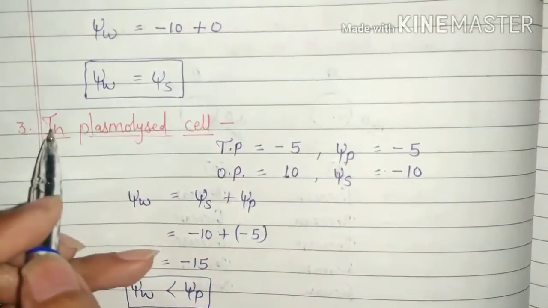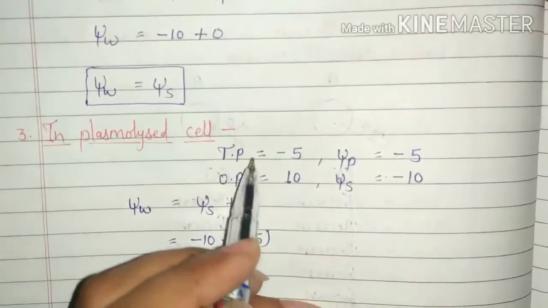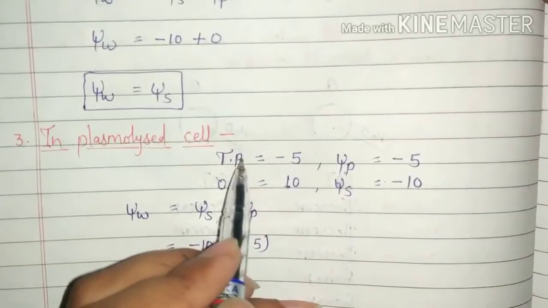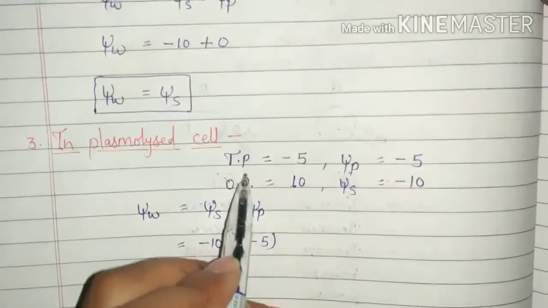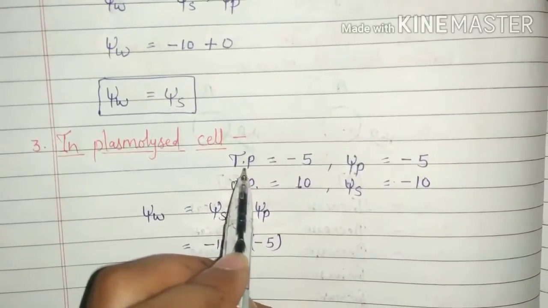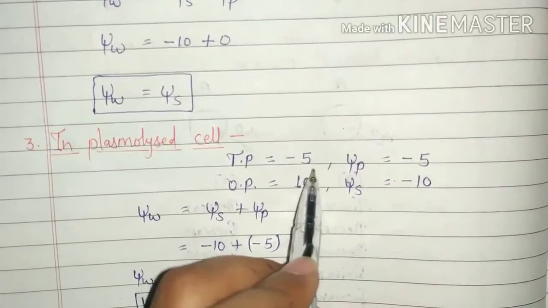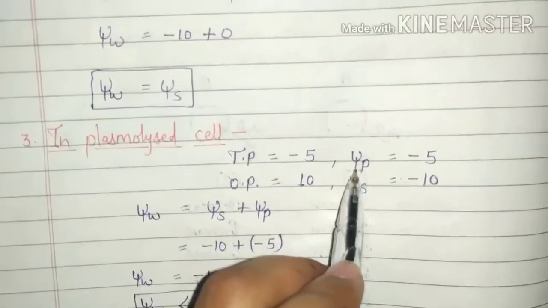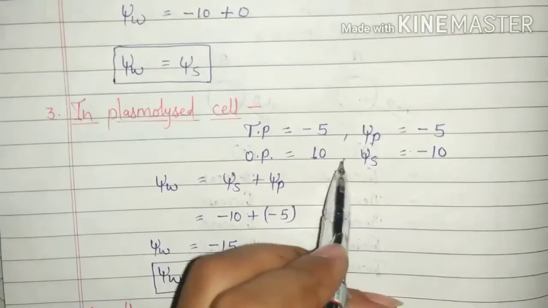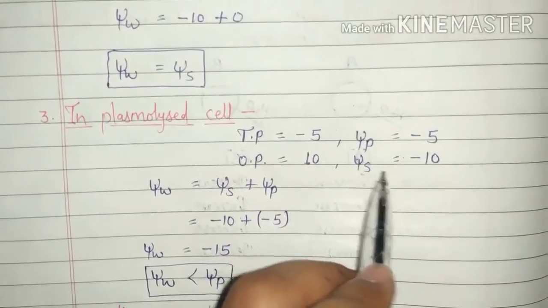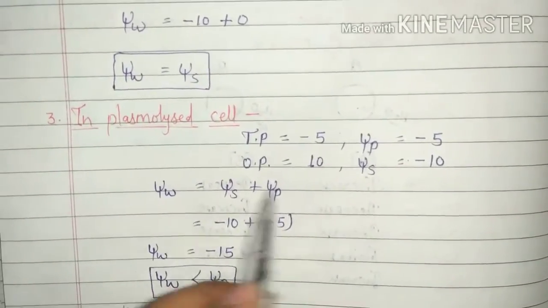Third case, water potential in a plasmolysed cell. In this cell, if turgor pressure is equal to minus 5, it means pressure potential is equal to minus 5 and osmotic pressure or solute potential is equal to minus 10.